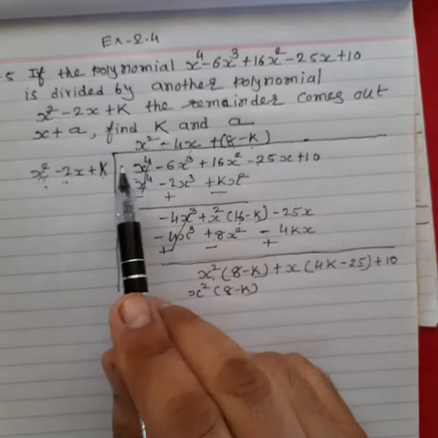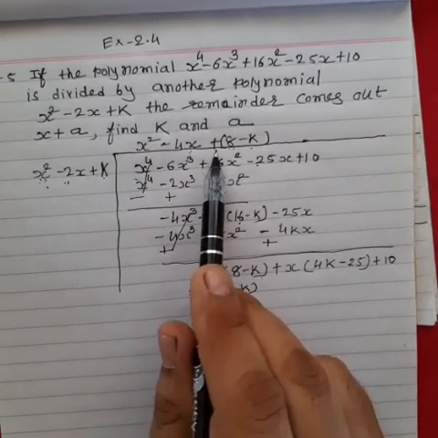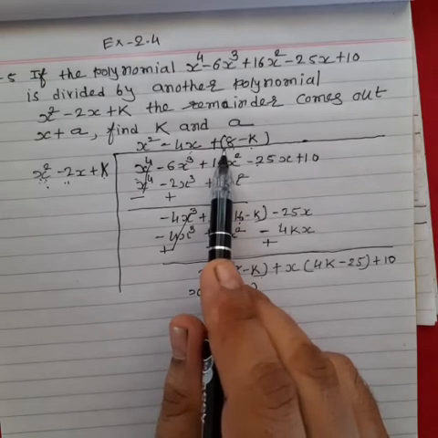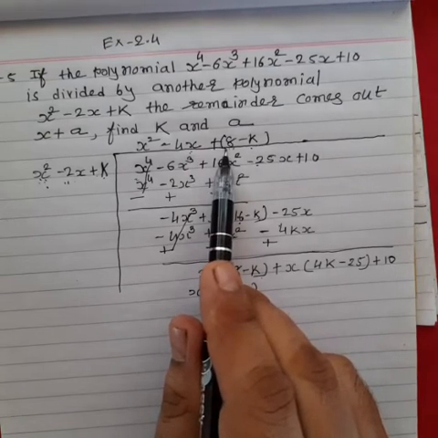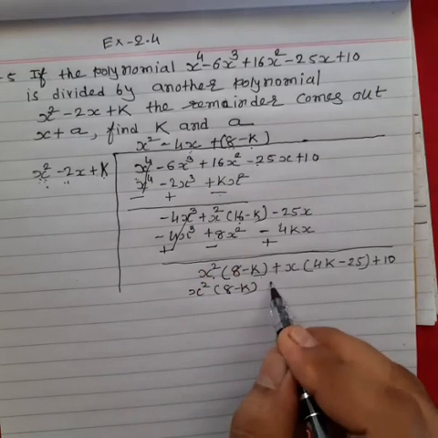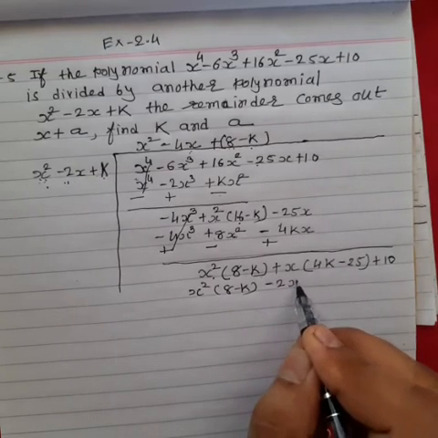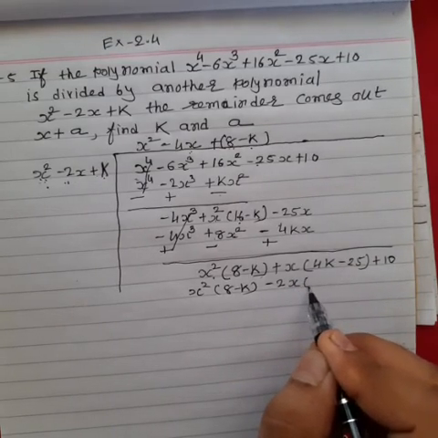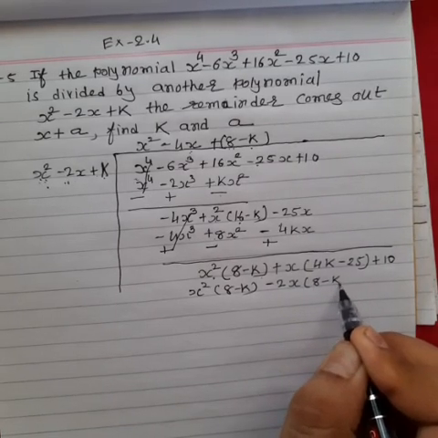I keep minus 2x outside and write minus 2x into 8 minus k.